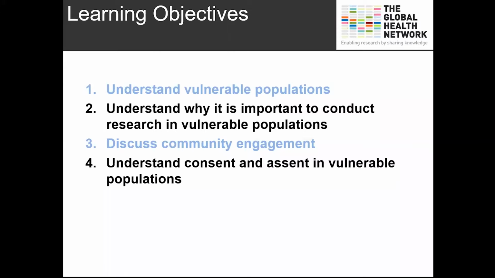These are the same learning objectives that we had set for the week. Understanding vulnerable populations and why we involve vulnerable populations in research. And then discussing community engagement and a little bit of consent and assent in vulnerable populations. You realize that in all this, we are actually incorporating the component of ethics in research.